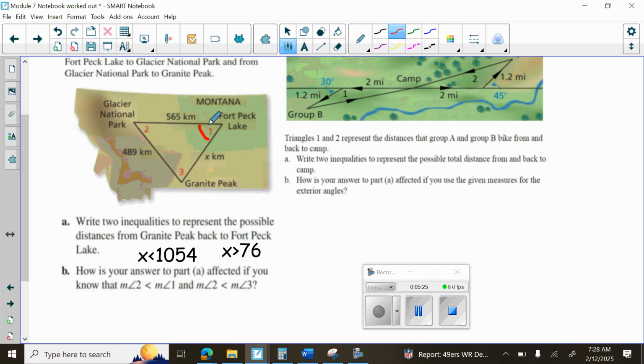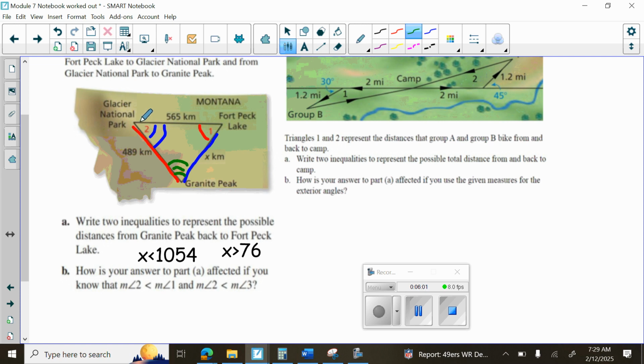And what side is opposite to 1? What side, not angle? 2, 3, or 489, right? This side? So, and what angle is the next biggest angle? 2, right? So 2 would be the next biggest. And then what would be the biggest angle? 3 would be the biggest angle.